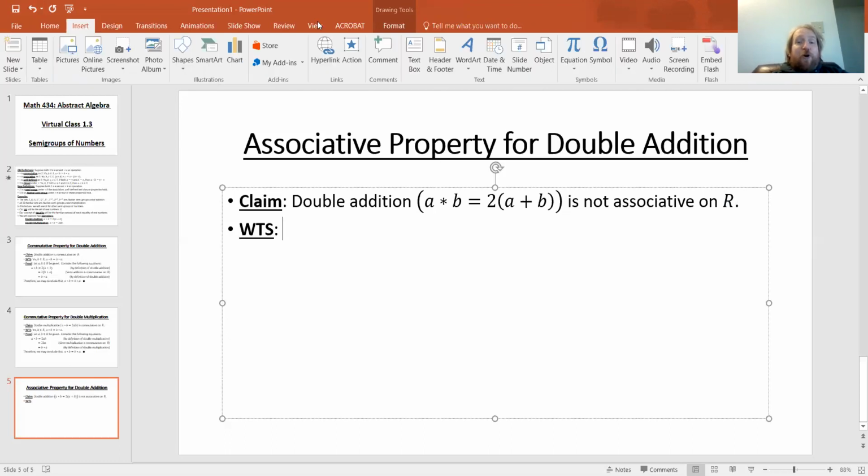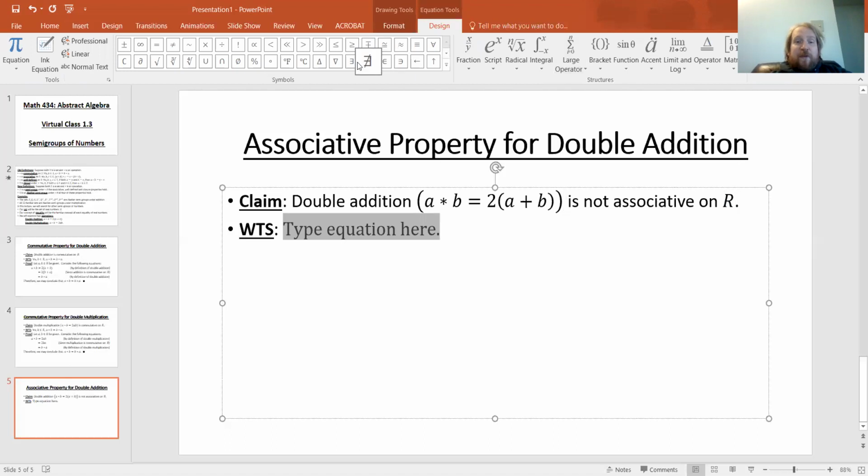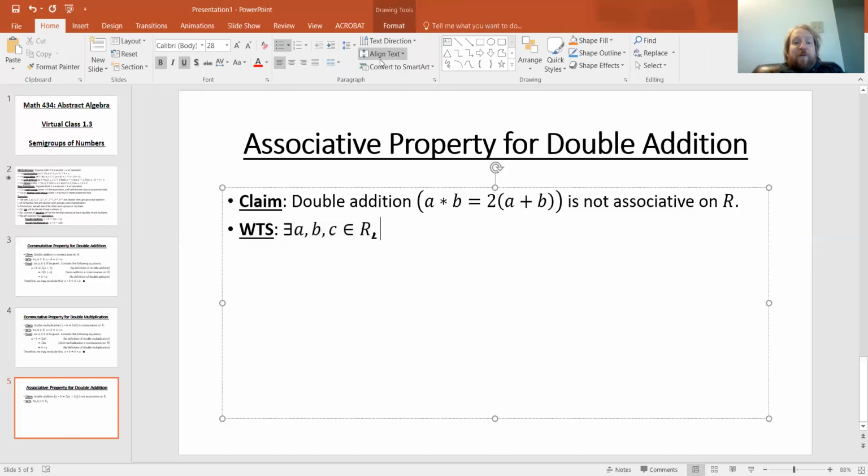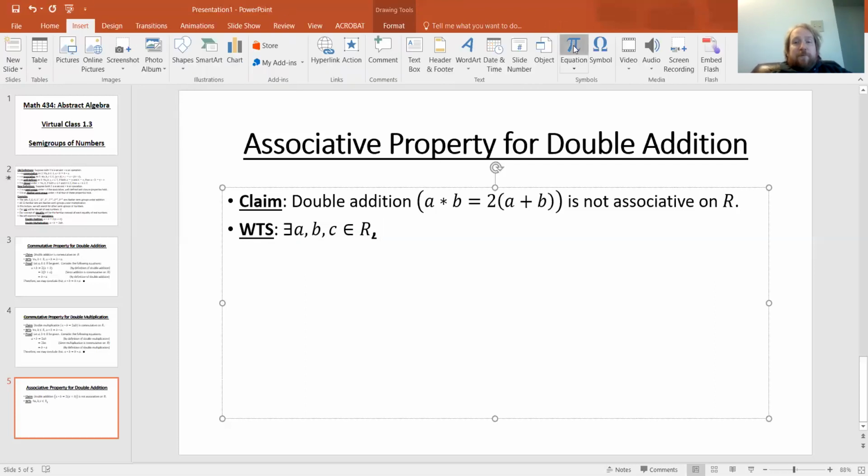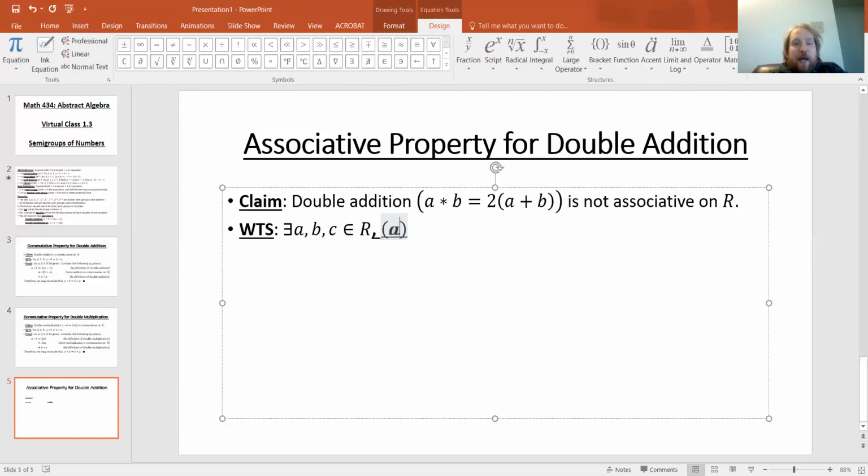So we want to show that there exists A, B, C in the set of real numbers such that A star B in parenthesis star C does not equal A star in parenthesis B star C.